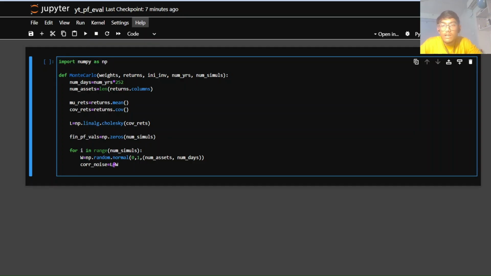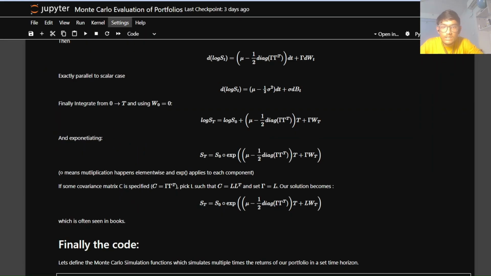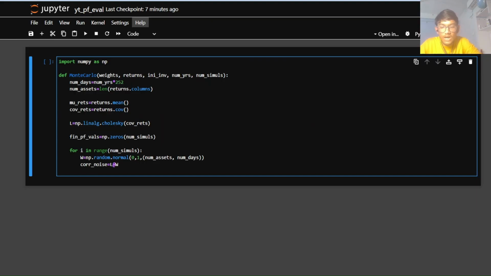Now let's calculate our first term, which is the drift term. Our drift term is basically this expression here, mu minus half of the diagonal vector of gamma times gamma transpose. So our drift would be mu returns minus the diagonal vector of our covariance matrix, right?